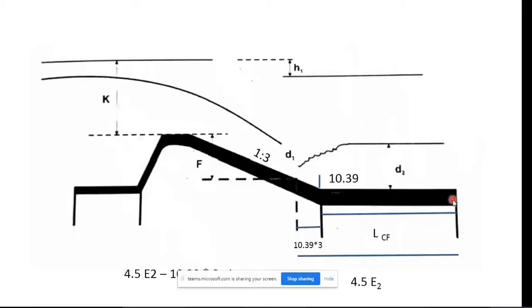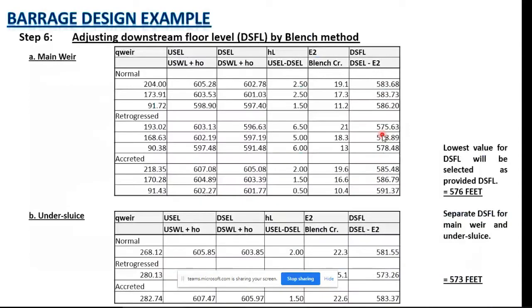Now you see we are obtaining various values of downstream energy levels and downstream water levels, various values of downstream flow levels for the main weir and for the undersluice portion. Of these values, we have to select the lowest value.